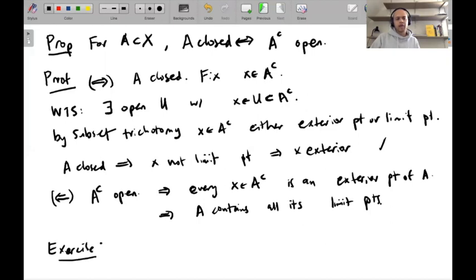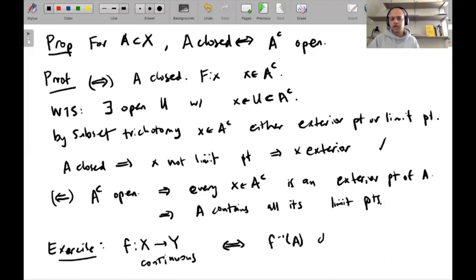As a sample application of this proposition, I'll leave you with the following exercise. A map F from X to Y is continuous if and only if F inverse of A is closed for A in Y closed.